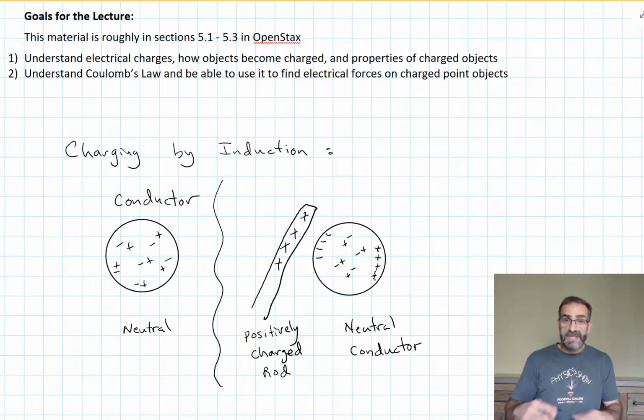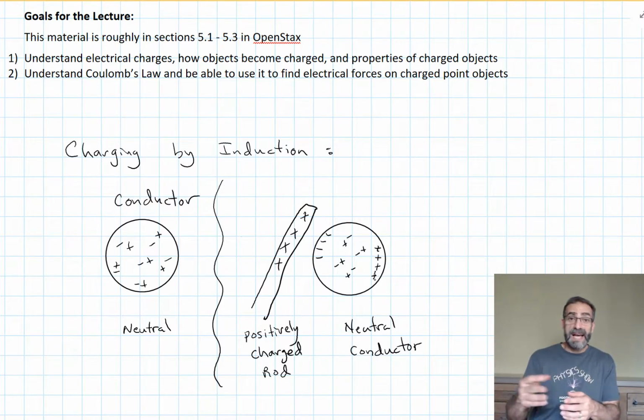Of course, there are lots of atoms all throughout the solid conductive material, and there are positive charges and negative charges surrounding all those atoms. But what we care about is the electrons that move, and it turns out that they move from one side to the other. If you want to think about it this way, the logic is the same.